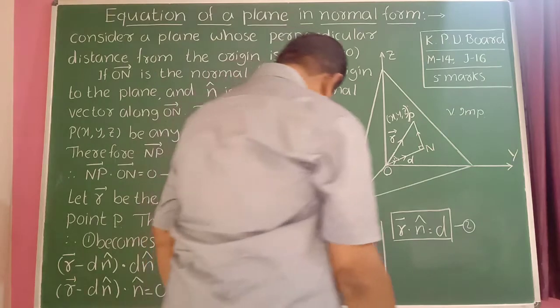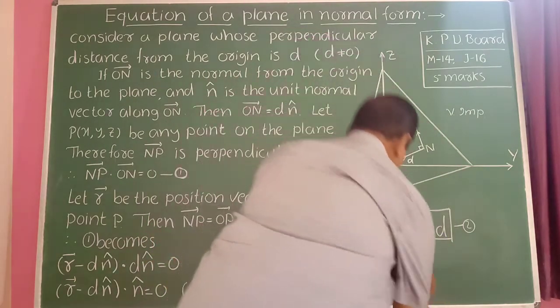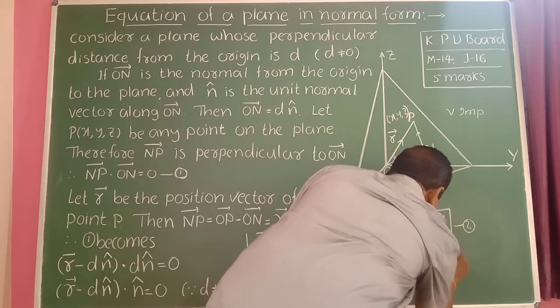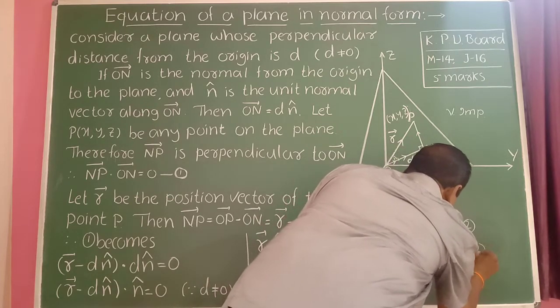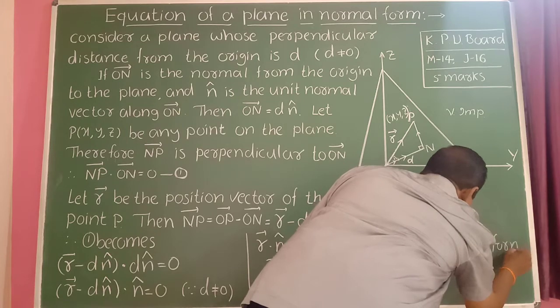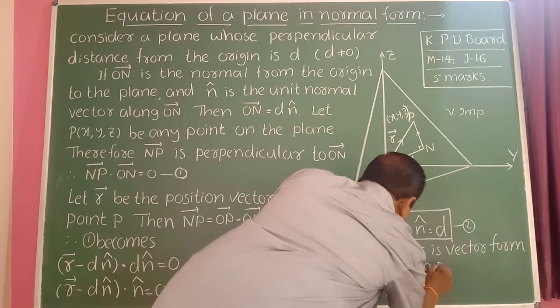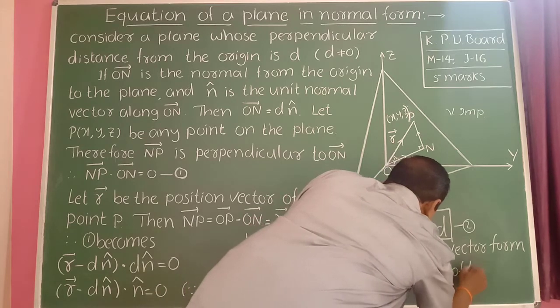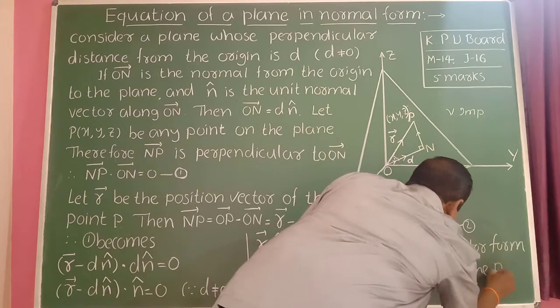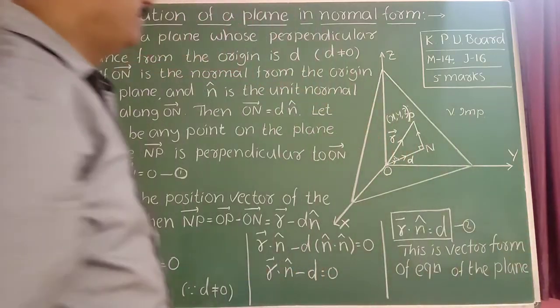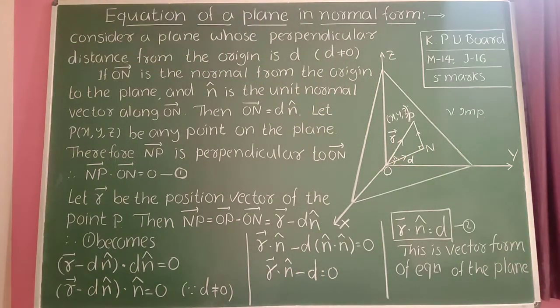So this is the vector form of the equation of the plane. This is the vector form of the equation of the plane.